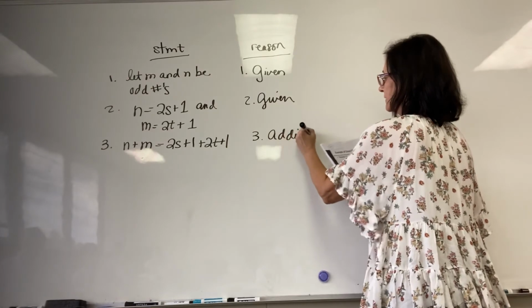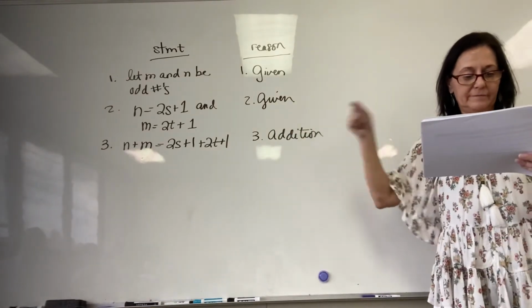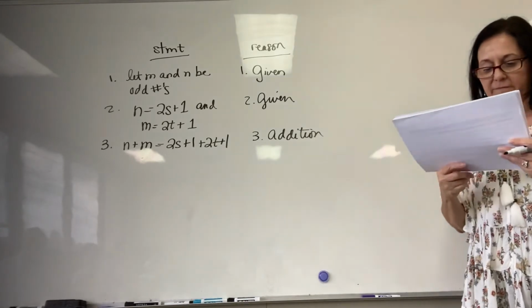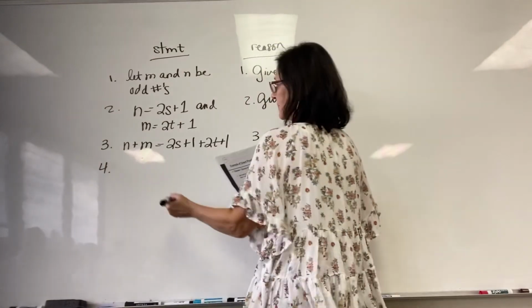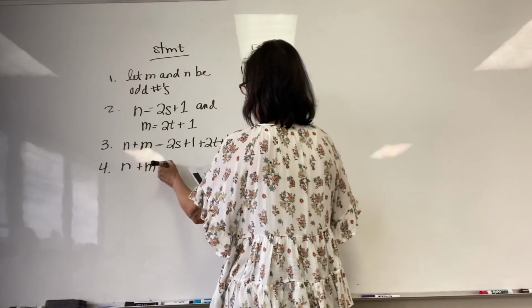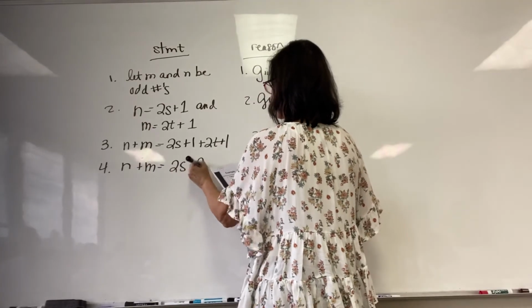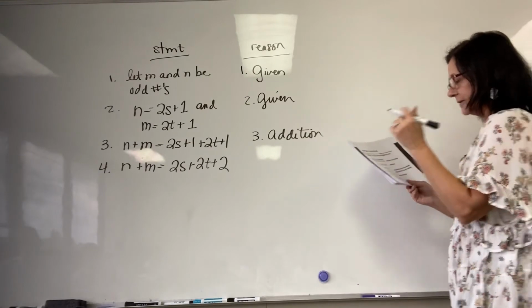I just added the same value on each side. Then I could simplify. N plus M equals 2S plus 2T plus 2. And I would call that simplification.